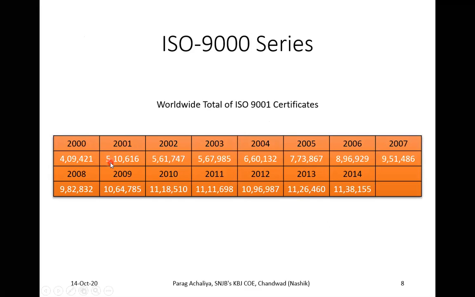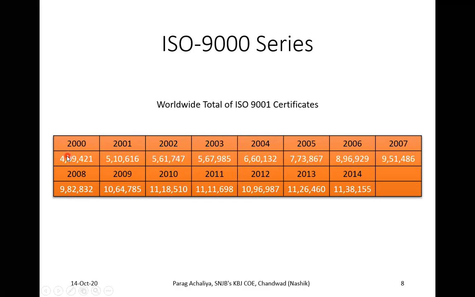In 2001, it increased by 1 lakh, then 50,000. You can see that up to 2003 the growth was very little. Then in 2004, when the new version was introduced, the change was by 1 lakh, then 1 plus lakh. You can see how it is going to increase.